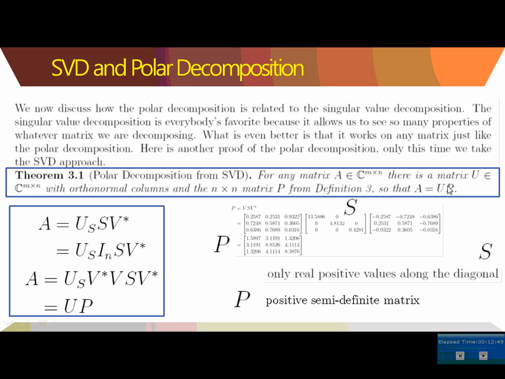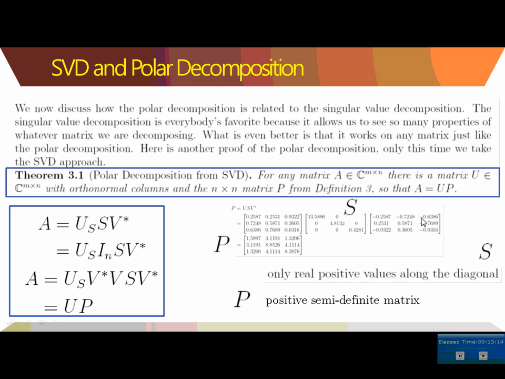This is what I mentioned, but here I show the details. This positive semi-definite matrix is unitarily similar to a diagonal matrix. So we can find the unitary matrix, and this is an n by n positive semi-definite matrix, and the positive eigenvalues are in the diagonal matrix S.